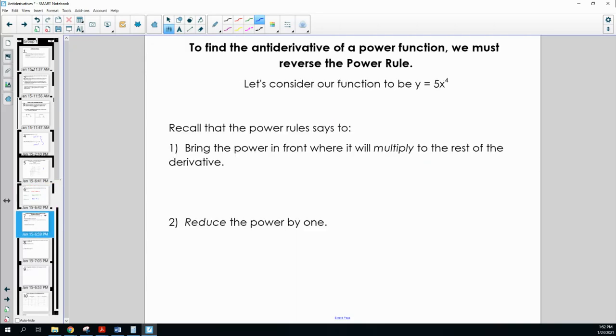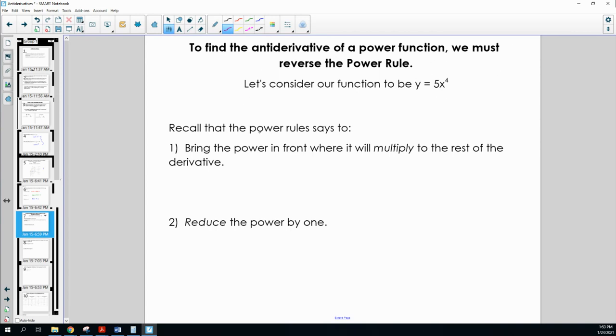Okay, so now we're going to look at what happens with the power rule. To find the antiderivative of a power function, we have to reverse the power rule. So we're going to look at the power rule normally, and then look at how we reverse it. Let's consider our function to be y equals 5x to the fourth. Here is our original function.